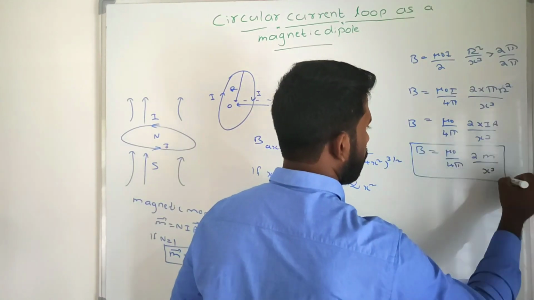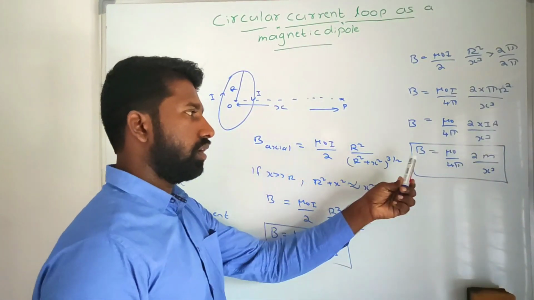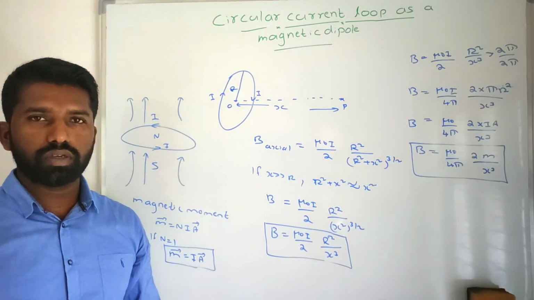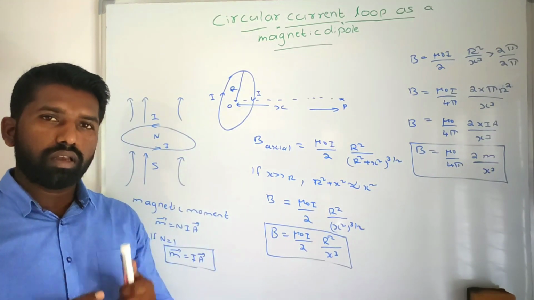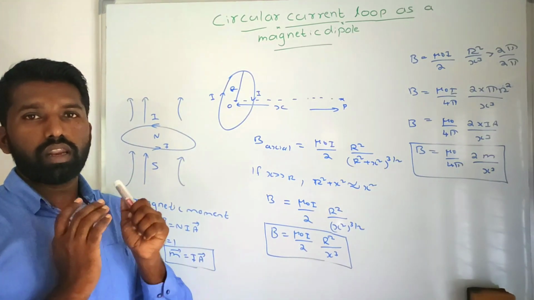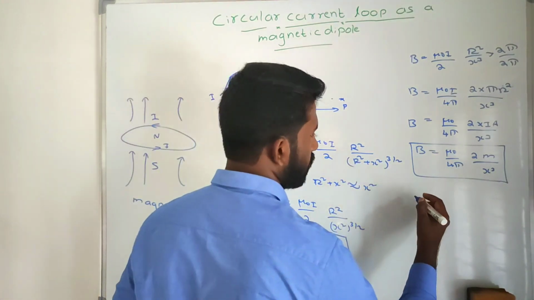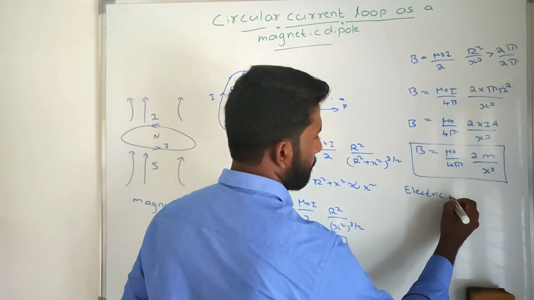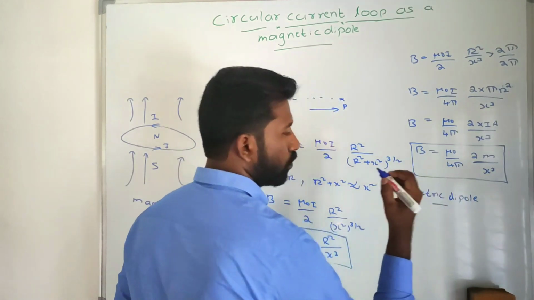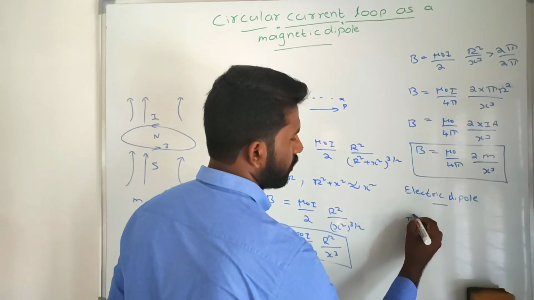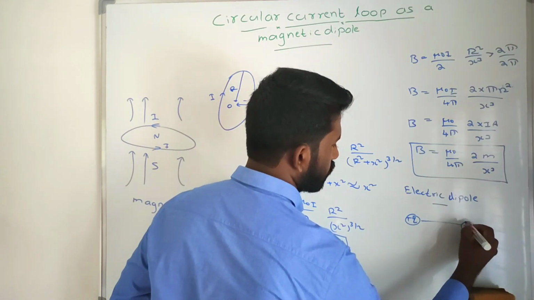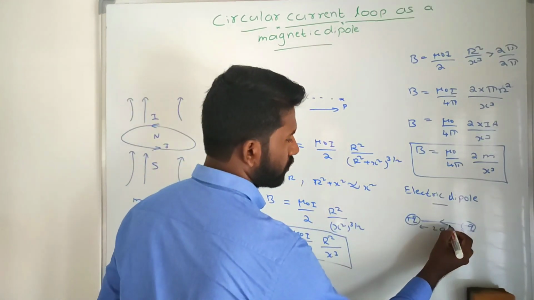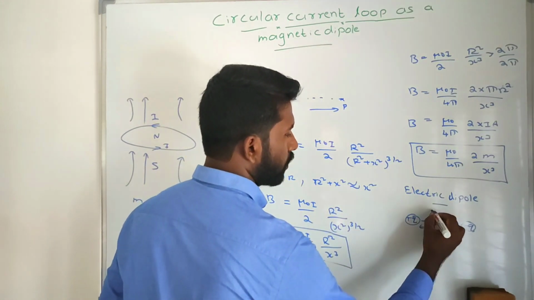Clear? 2M by x cube. This is the magnetic moment M and magnetic field B. I will compare this equation with the electric field produced by an electric dipole along the axial line. What is an electric dipole? Electric dipole means two equal and opposite charges separated by a small distance. Normally we consider a plus q and a minus q charge separated by a 2a distance, and the direction is taken from minus q to plus q.